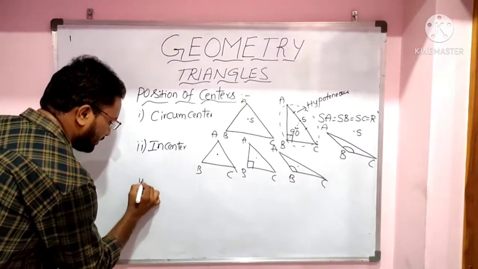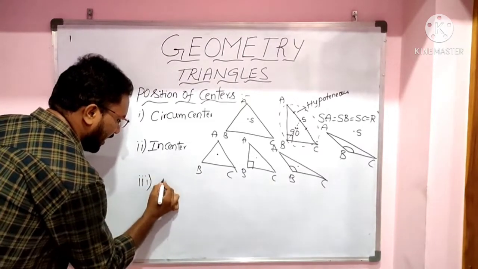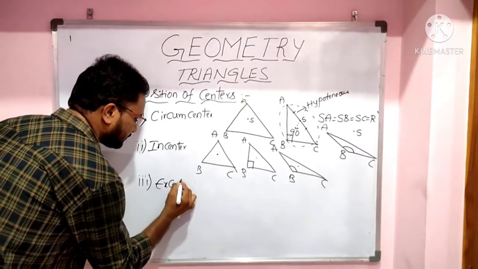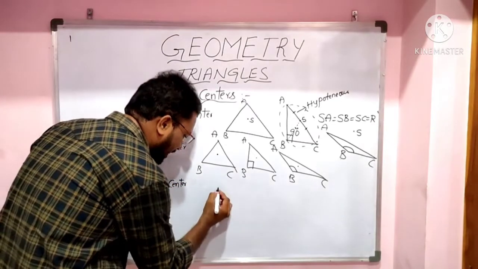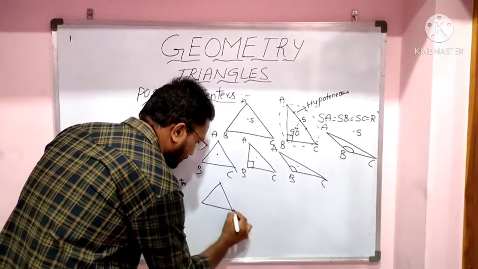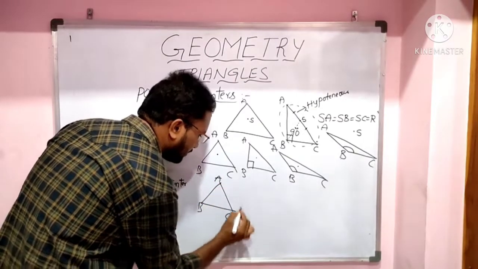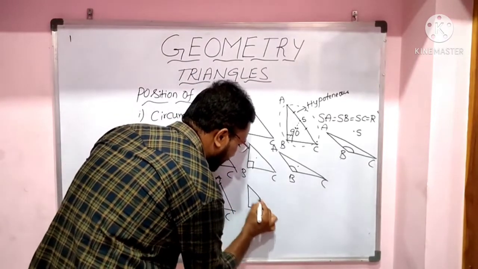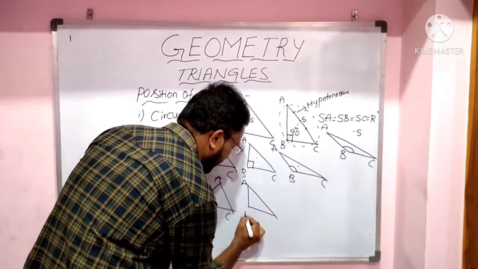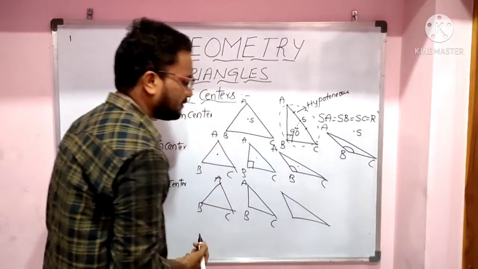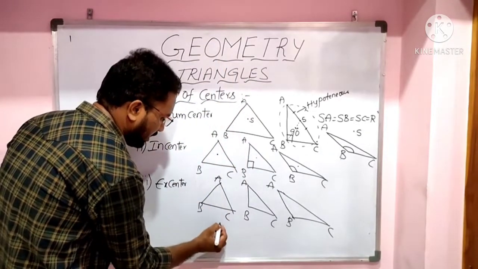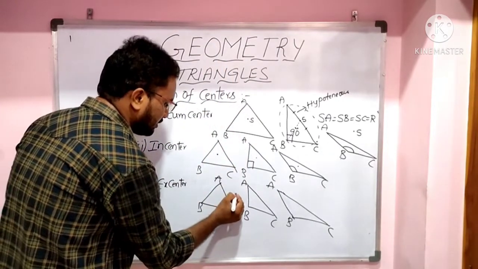Next, third one, the excenter. For any type of triangle, acute, right angle or obtuse angle triangle, the excenter always lies outside the triangle.